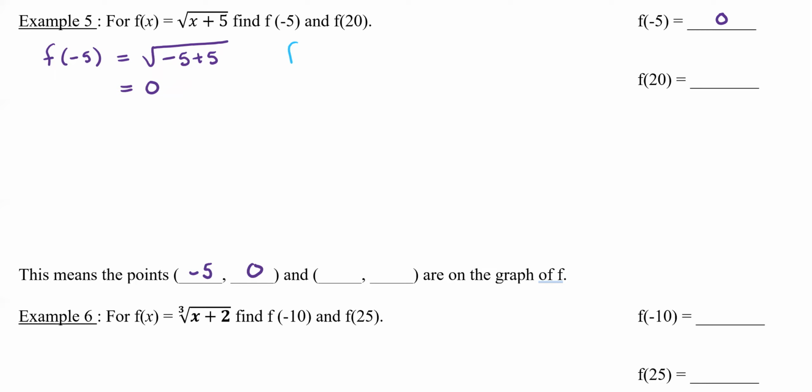And then we want to take f of 20, take the square root of 20 plus 5. The square root of 25 is equal to 5. So f of 20 is equal to 5. And as an ordered pair, it would be the ordered pair 20 and 5.